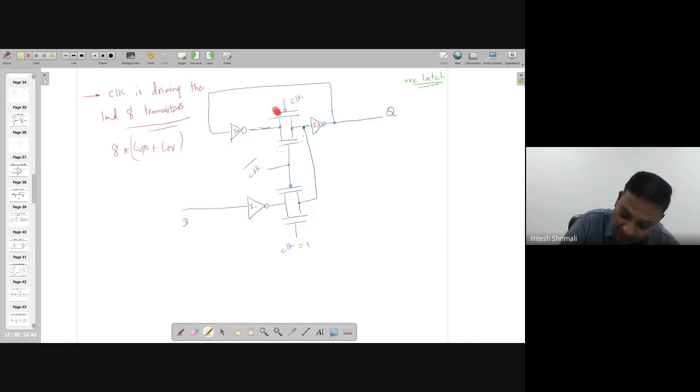Let's make them in off state. Whereas there is a transparent value from D to Q.